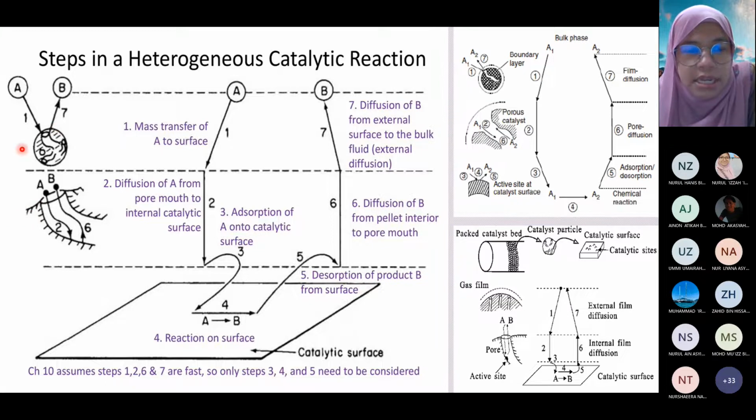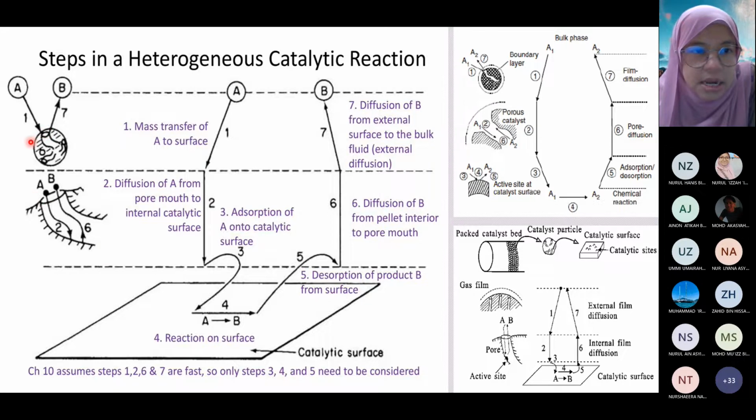So you kena imagine, this is one of the catalyst, spheres catalyst, one of the spheres catalyst. Okay, macam yang gambar tadi tu ada spheres catalyst banyak-banyak kan. You imagine satu daripadanya, one of the spheres catalyst. So it is porous. This is the pore mouth. So we can zoom the pore mouth as this one.